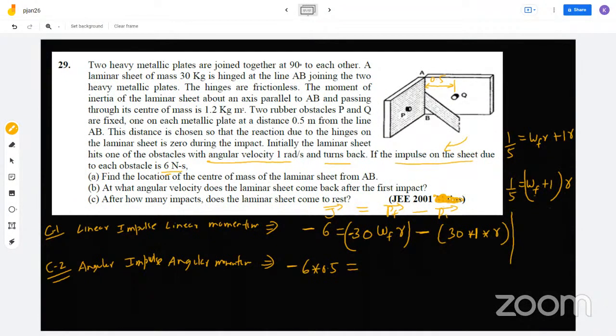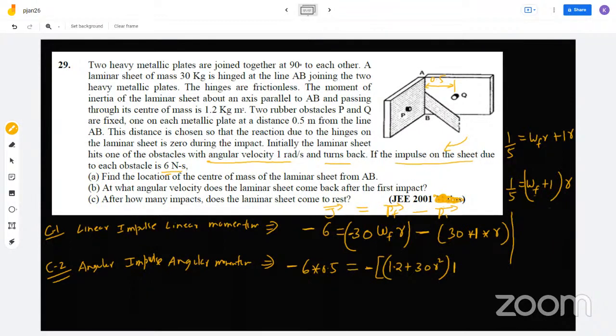And the moment of inertia: how will you find the moment of inertia about this AB? You know it about the center of mass, 1.2 kg m squared. So the moment of inertia will be 1.2 plus mass 30 times distance r squared, times omega. The initial omega is 1.